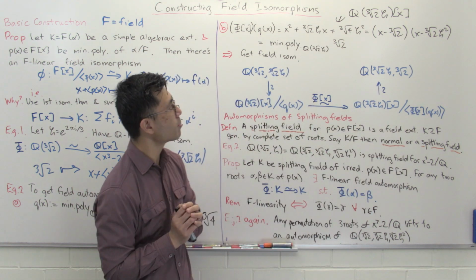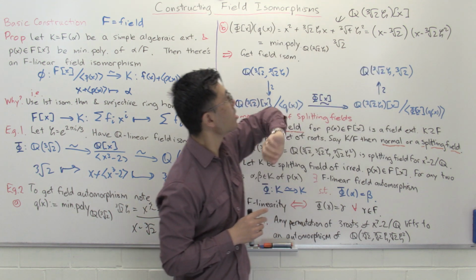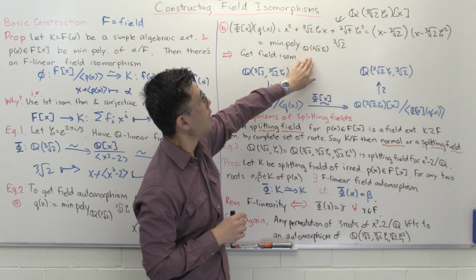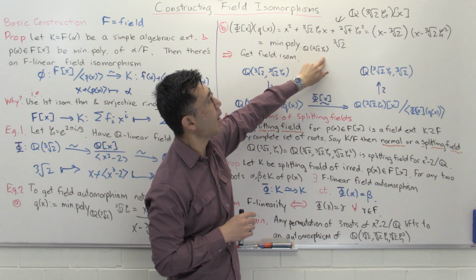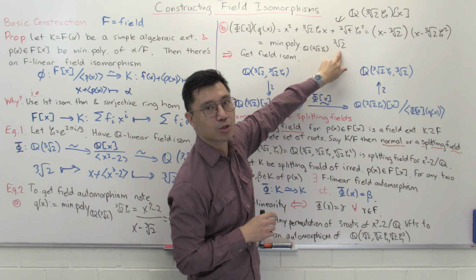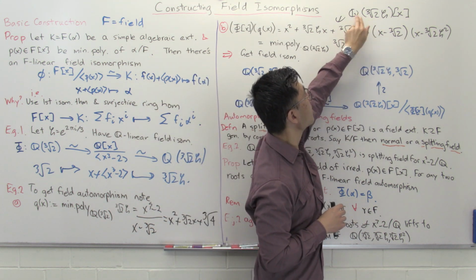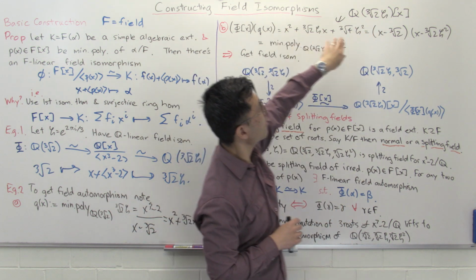So what do we see from this calculation? Firstly, you have this polynomial here that's inside Q adjoin cube root 2 zeta, and it has this root cube root of 2. So the minimal polynomial of cube root of 2 over Q adjoin cube root of 2 zeta is precisely this one here.